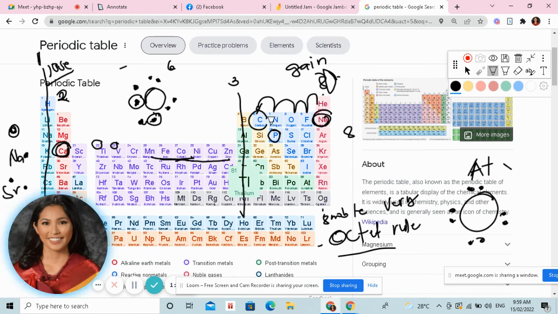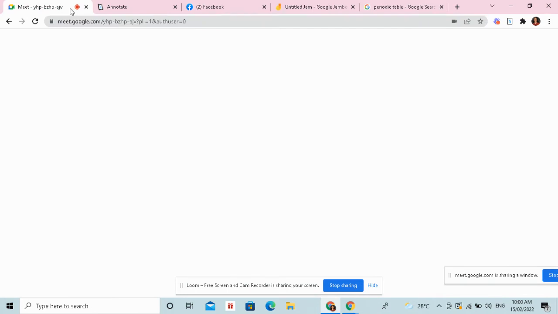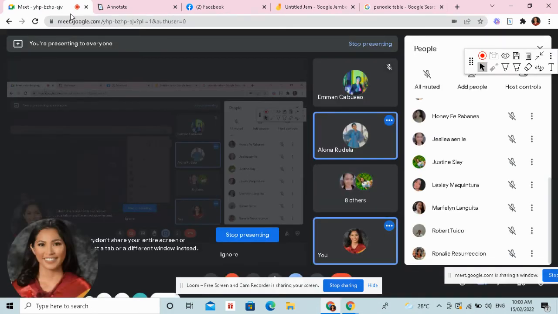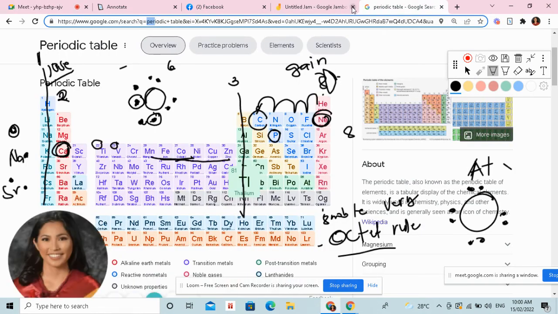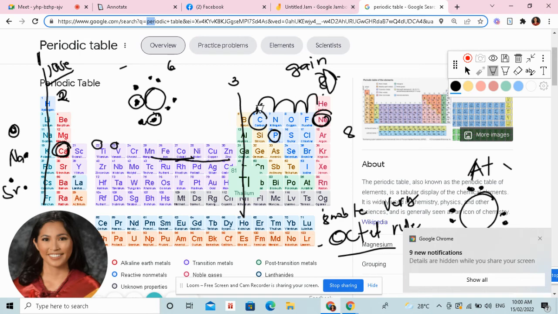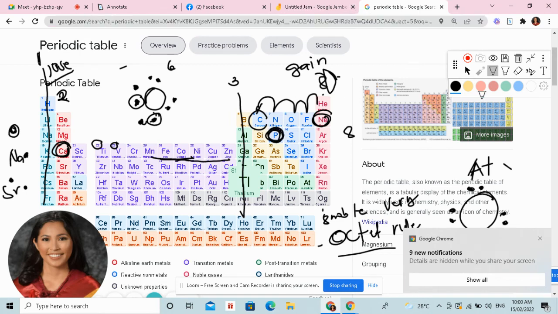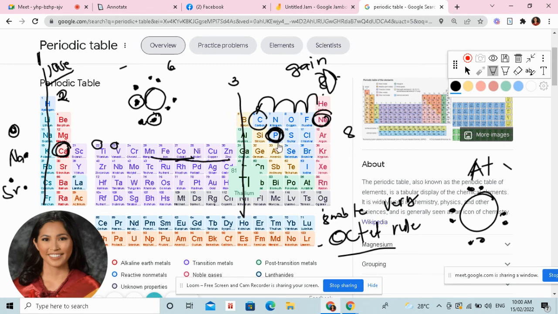Now, the phosphorus, how many electrons must he gain? 3.